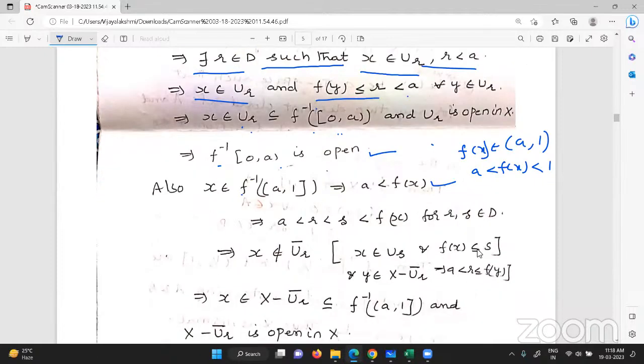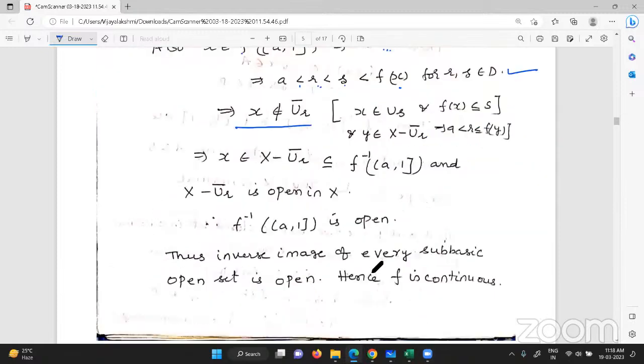So there exist two dyadic numbers R and S such that A less than R less than S less than f of x, with R and S belonging to D. That means you have x does not belong to closure of UR, meaning x belongs to X minus closure of UR, the complement.